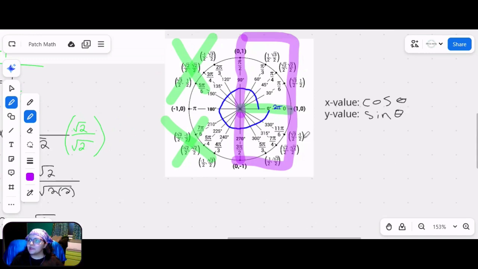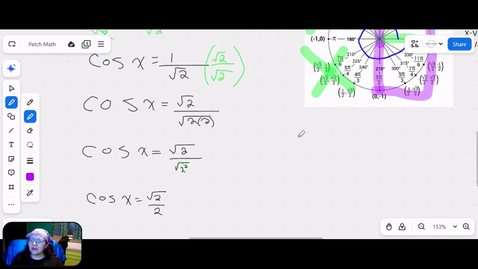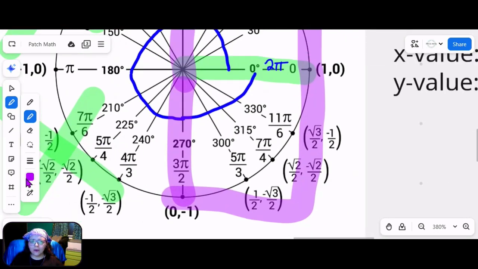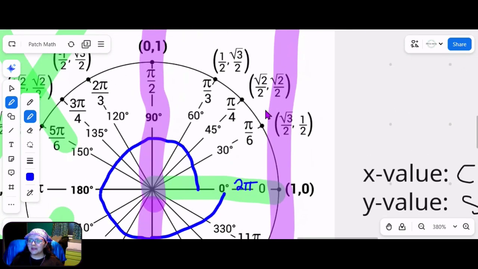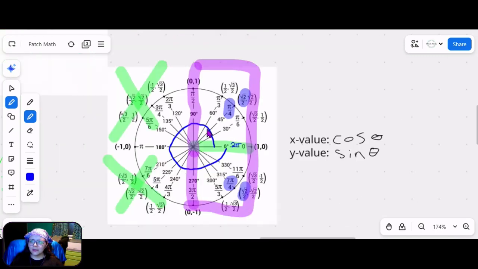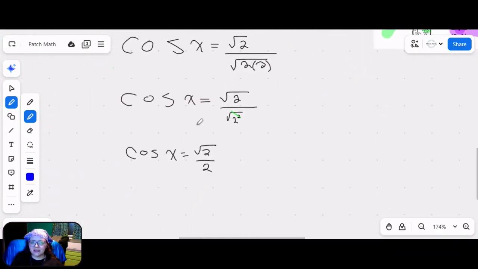Well, cosine is our x value of our ordered pairs, and square root of 2 over 2 is the x value for angle 7 pi over 4. Notice that. And square root of 2 over 2 is our cosine of our angle for pi over 4. So in this case, the x value that represents our angle here, and I get that specifying that is a mouthful, but it's a totally different x value, super important.